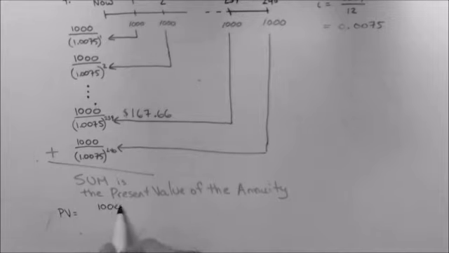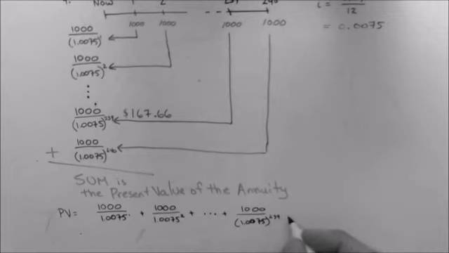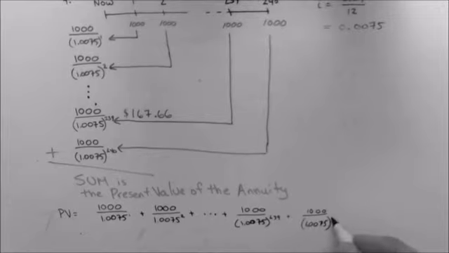That's 1,000 over 1.0075 to the power of 1 plus 1,000 over 1.0075 to the power of 2 plus, ongoing, plus 1,000 over 1.0075 to the power of 239 plus 1,000 over 1.0075 to the power of 240.